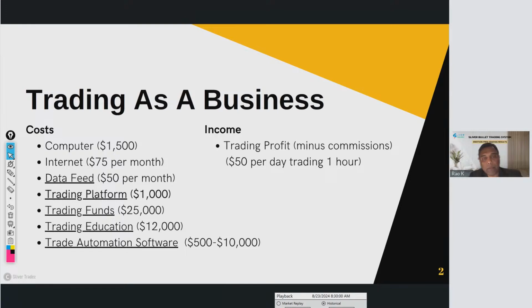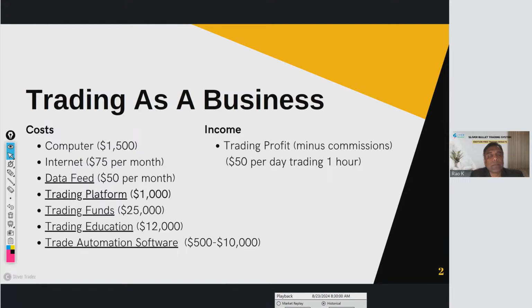Then the trading platform. Most brokerages provide a basic trading platform for free. If you have a brokerage account, you might be able to do trading online, buy and sell. For investment purposes, that platform is just fine. But for trading, we need a fast platform residing on your computer, so that there is no lag between your click and the result you see on the screen.